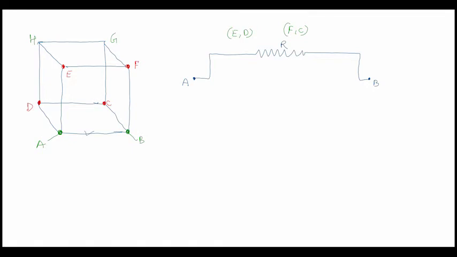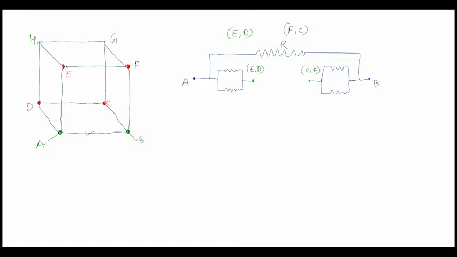Now over here in between I am mentioning the points E, D, and here I am mentioning C, F. If we look at the way the current division is taking place, A to D and A to E, there are two resistances. So we are drawing two resistances between A to E and A to D. Similarly, from C to F, there are again two resistances. So we are drawing these two resistances between C and F.